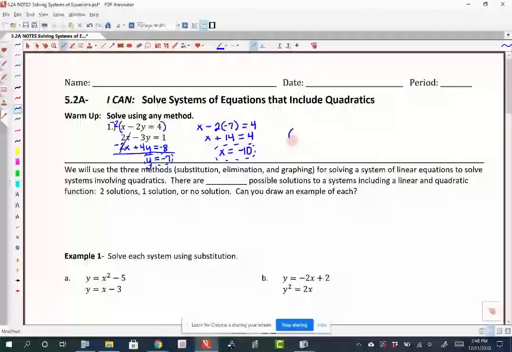So the solution to a system of linear equations is where those two lines intersect. And these two lines intersect at -10, -7. So let's look down below the warm-up. It says that we're going to use the three methods, substitution, elimination, and graphing, for solving a system of linear equations to solve systems involving quadratics.